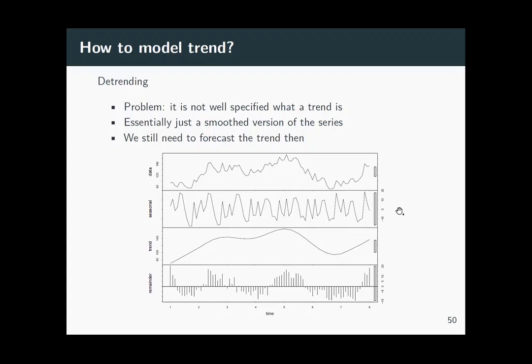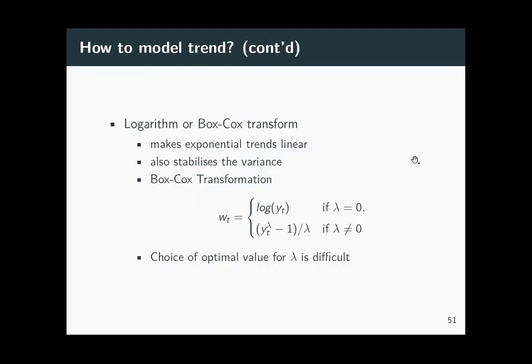So detrending the series can be done, but it's often not solving the problem. Another option is obviously to do things like logarithms or Box-Cox transforms. It makes exponential trends linear. It stabilizes the variance. Choosing this lambda is often not so easy. But that's a way you can model trends.